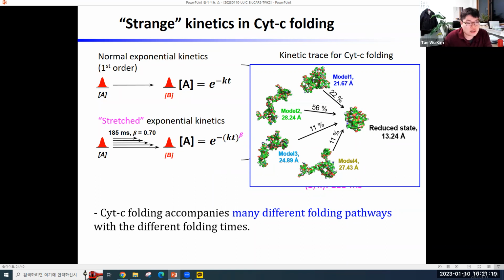Then these folding dynamics can be expressed as a very strange exponential kinetics, not the normal kinetics. So I'd like to highlight that the cytosine folding includes many different folding pathways with different folding times. That's why we found the very strange kinetics in the folding dynamics.